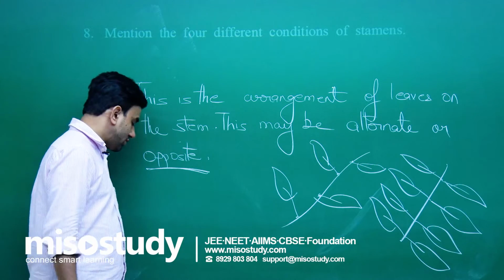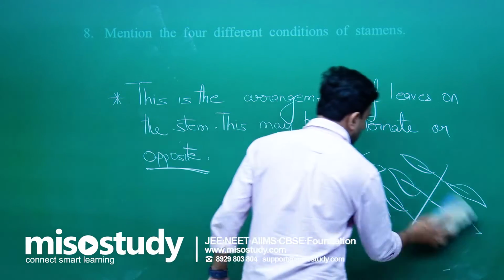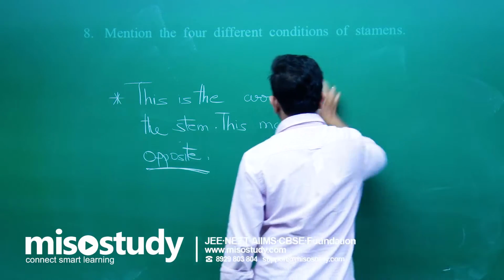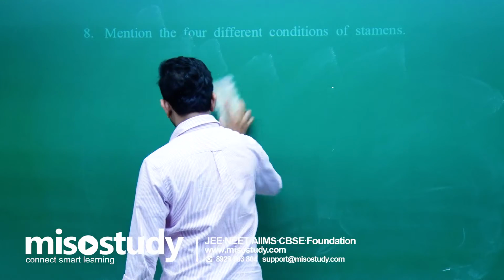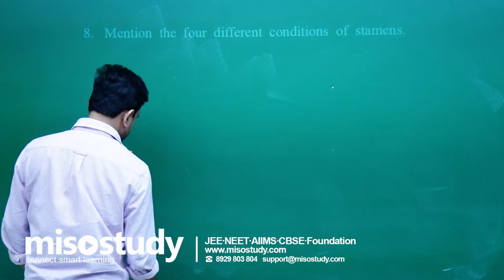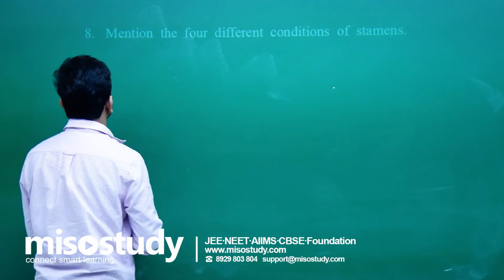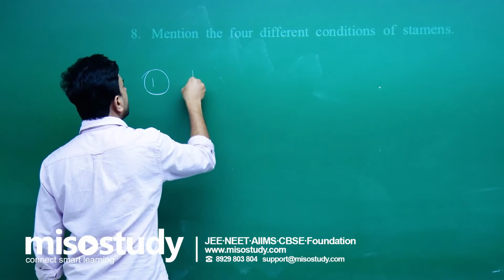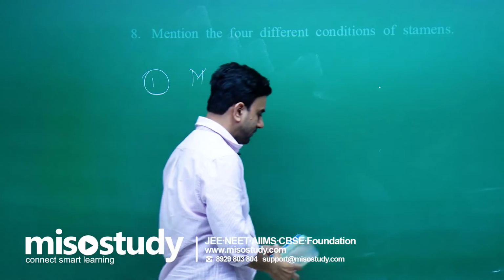Mention the 4 different conditions of the stamens. When we are talking about the different conditions of the stamen, we will see the first one as the monoadelphous condition.